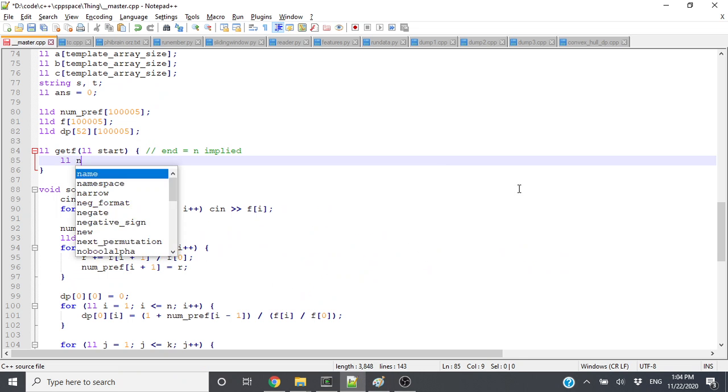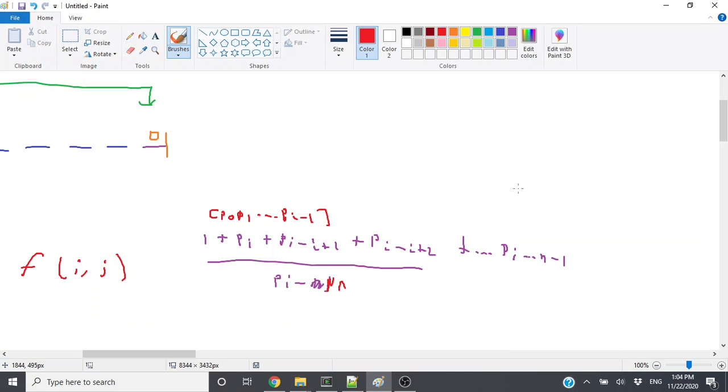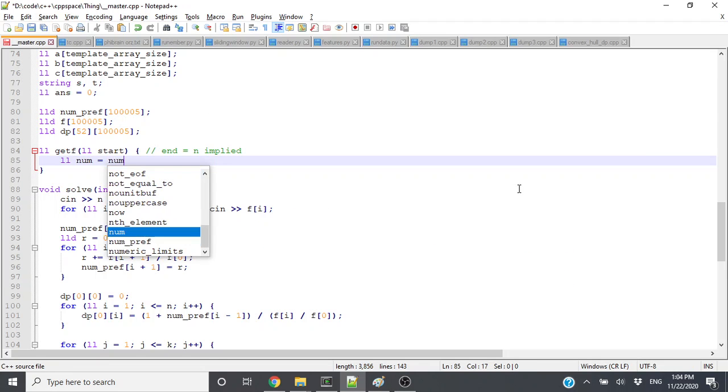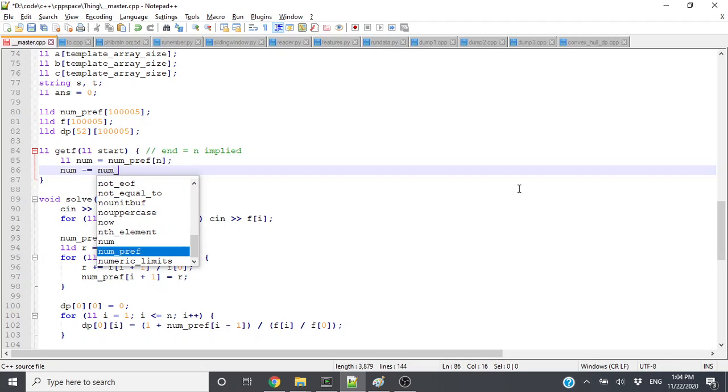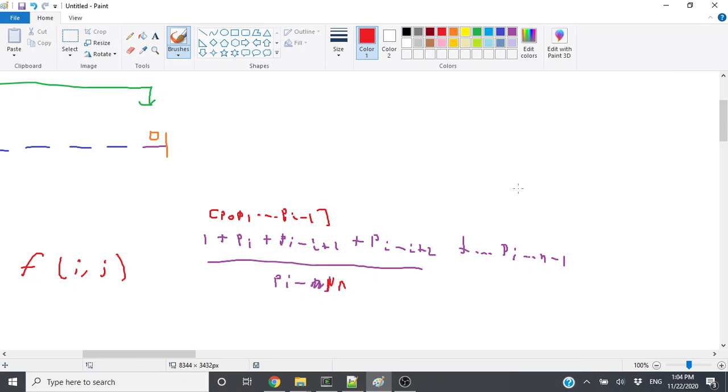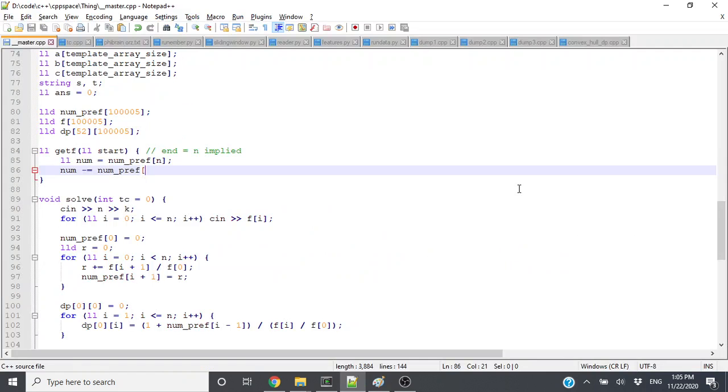So the numerator equals num prefix of n, num minus equals num prefix of, what would it be? Start?